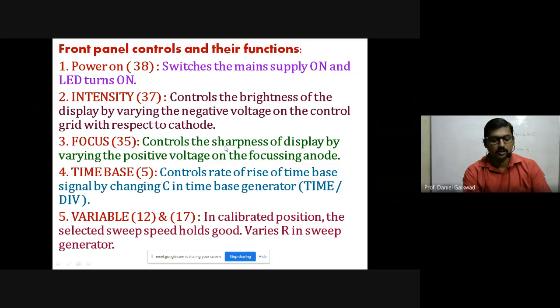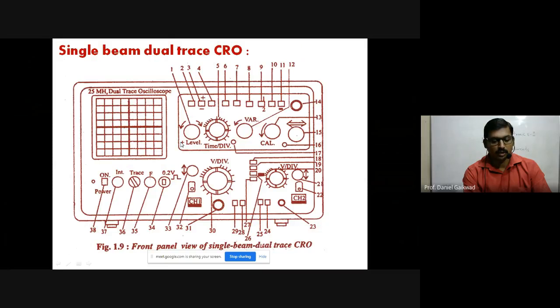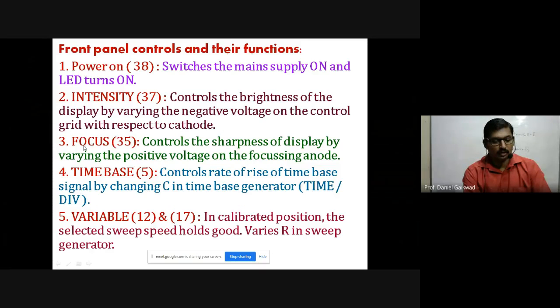Now next, the number 35 key. Check carefully, number 35, F. Already we have discussed this. F is focus. It controls the sharpness of the display by varying the positive voltage on the focusing anode.